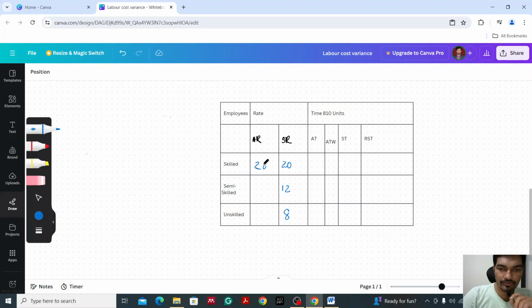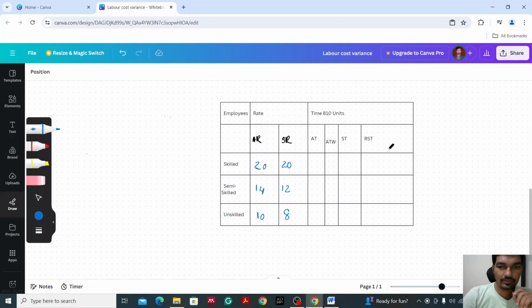So 20 rupees, 14 rupees, and 10 rupees. So this is about rates, and this is actual time. This is actual time worked. This is standard time, and this is about revised standard time.